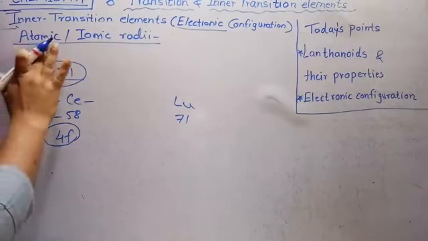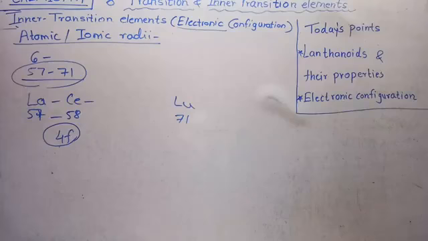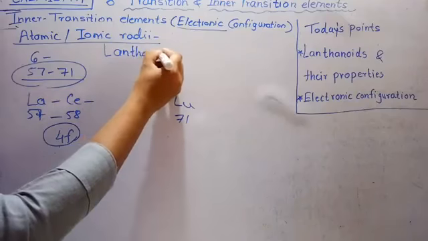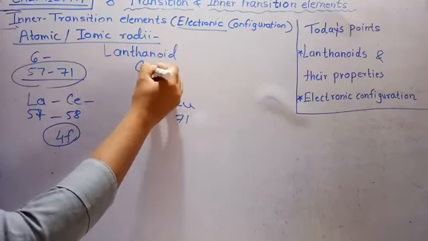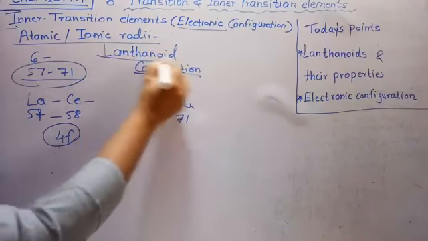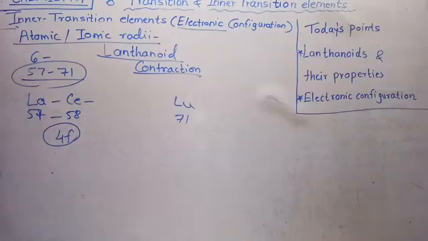Yes? The atomic and ionic radii of lanthanoids decrease with increase in atomic number, called lanthanoid contraction, because of the higher nuclear attraction. Clear?